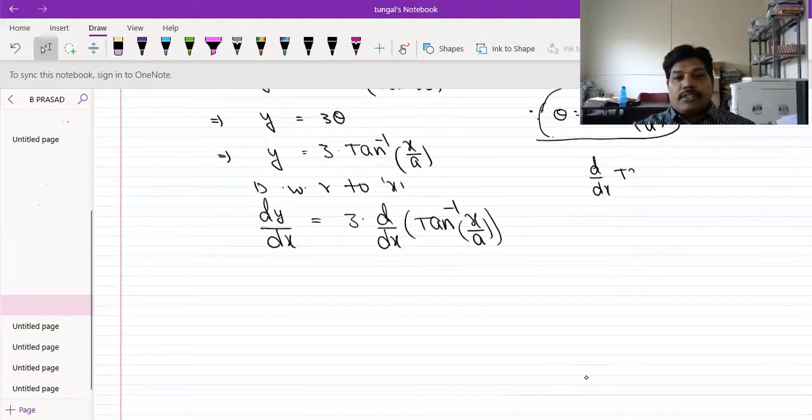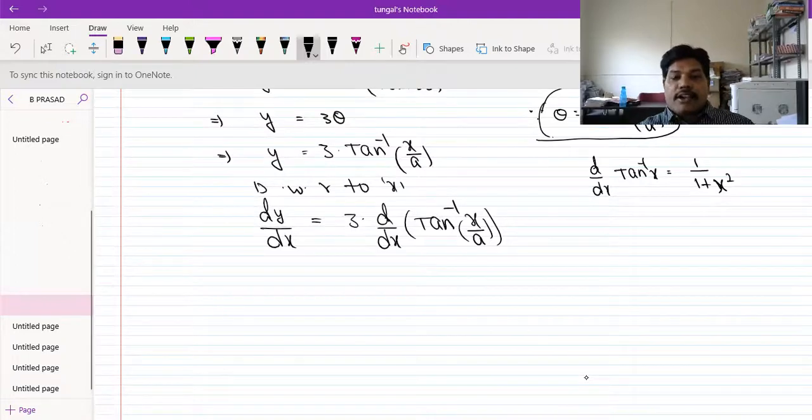What is the derivative of tan inverse x? The derivative of tan inverse x is nothing but 1 by 1 plus x square. But here it is not x, it is x by a. Are you understanding that?